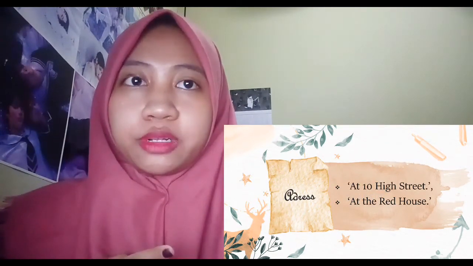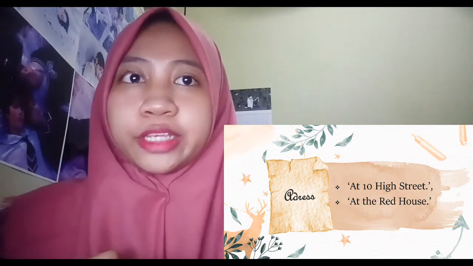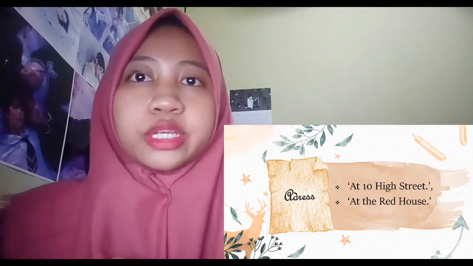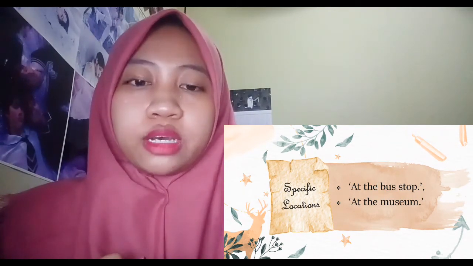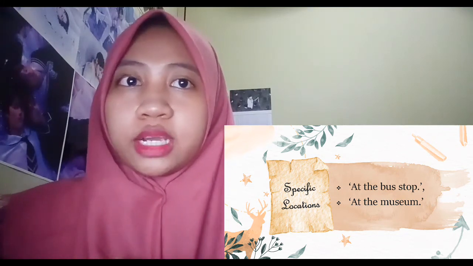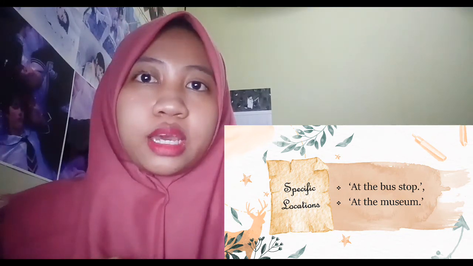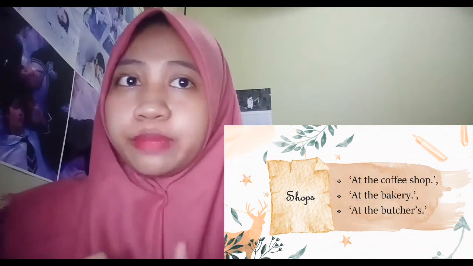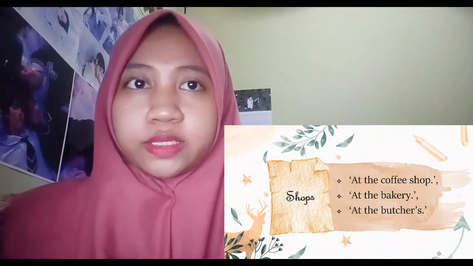As a preposition of place, we use at, first, for addresses. For example, at 10 High Street and at the Red House. The next one is we use it for specific locations, for example, at the bus stop, at the museum, etc. And we also use it for shops, for example, at the coffee shop, at the bakery, and at the butcher's.